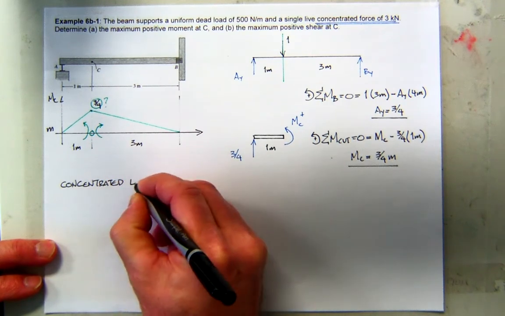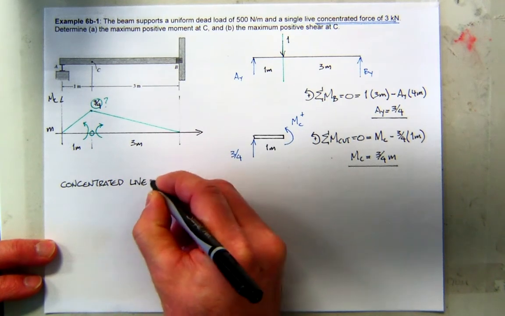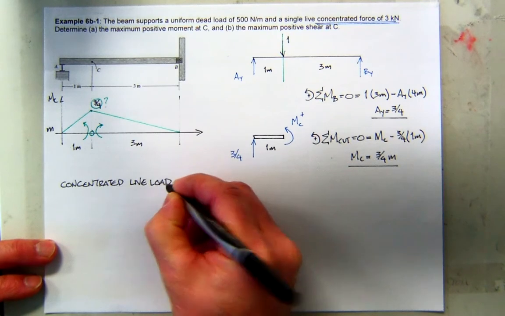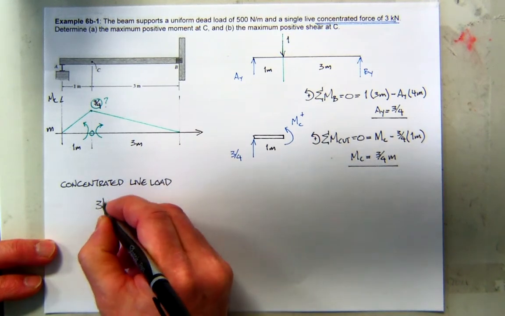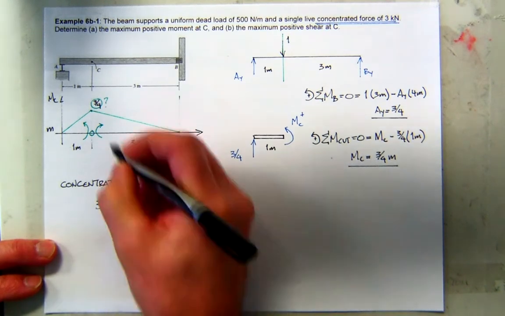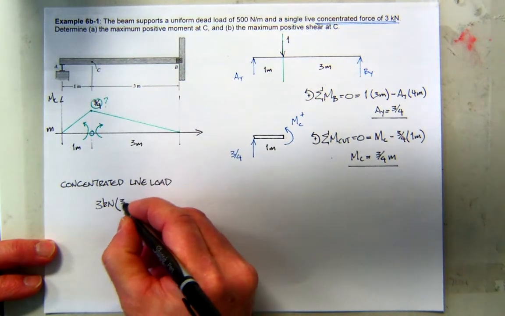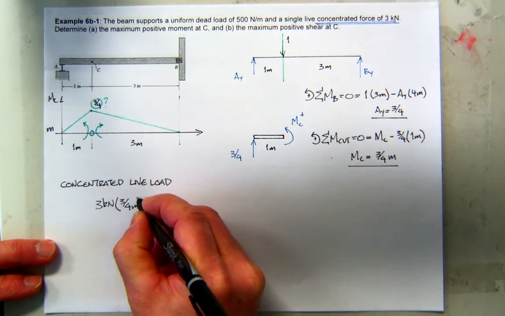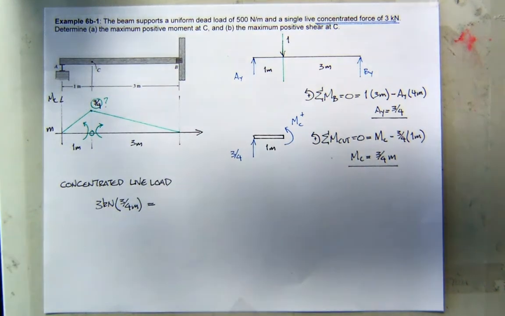I'll put live. Live usually means it moves. Live load. So that'll be a value of 3 kilonewtons times the maximum ordinate value, which is 3/4 meter. And that's 9 divided by 4, that's 2.5? No, 2 1/4, right?